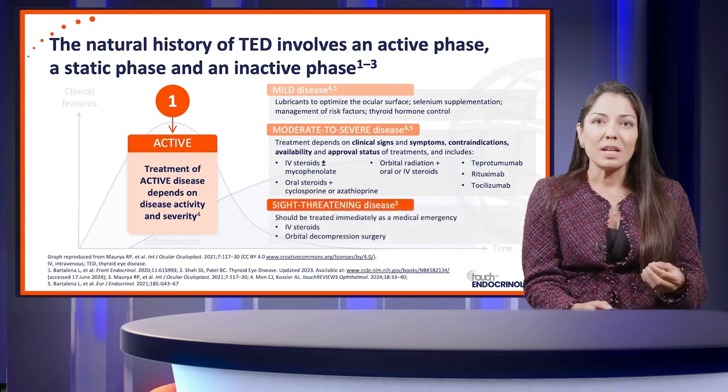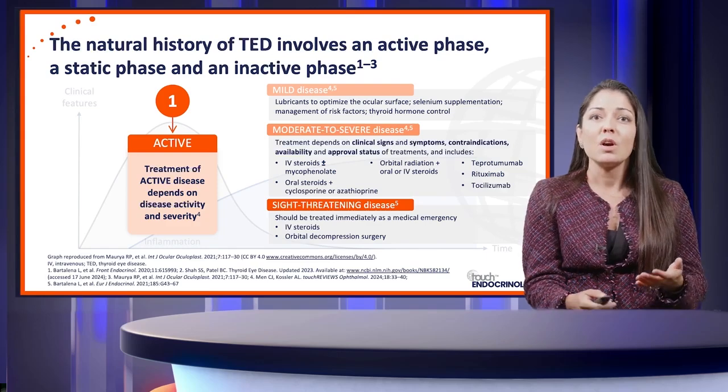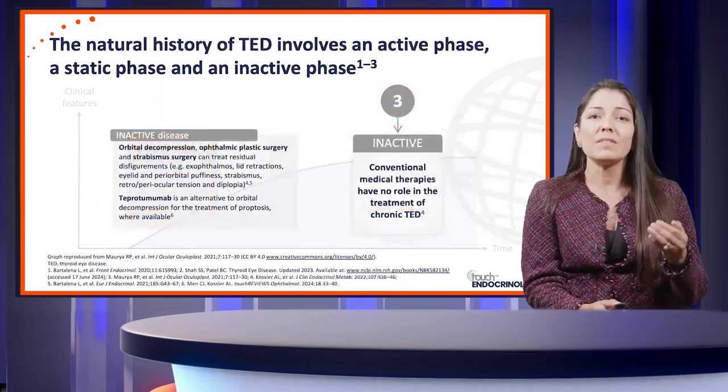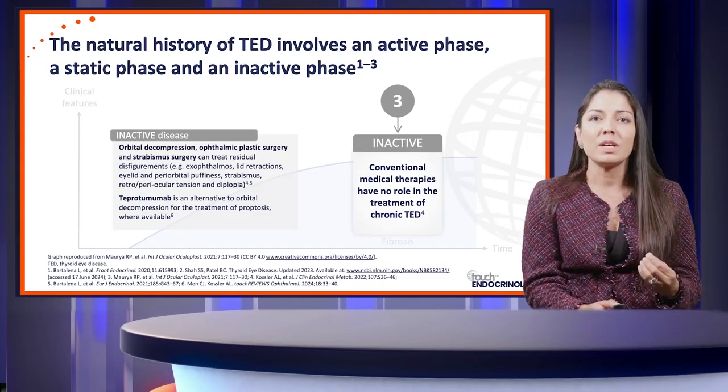And then finally, sight-threatening disease is an emergency, and these patients can be treated with high-dose steroids or surgery or other medical therapies. When patients have inactive disease, typically we're treating these patients with surgical rehabilitation. However, a phase 4 study did demonstrate that teprotumumab can be effective in proptosis reduction in these patients as well.